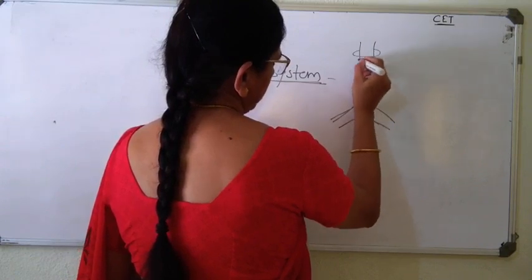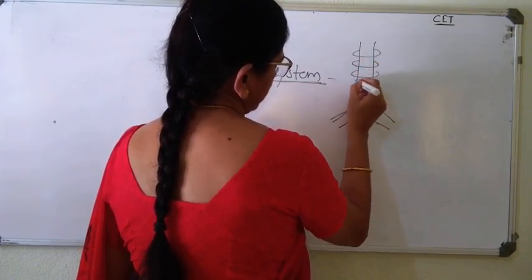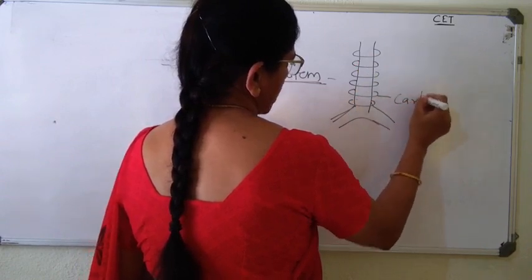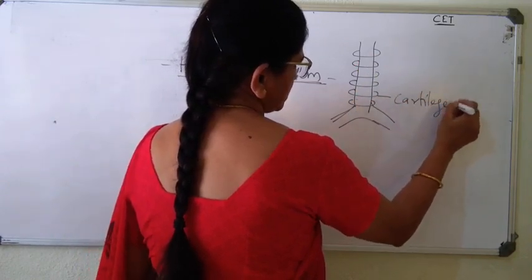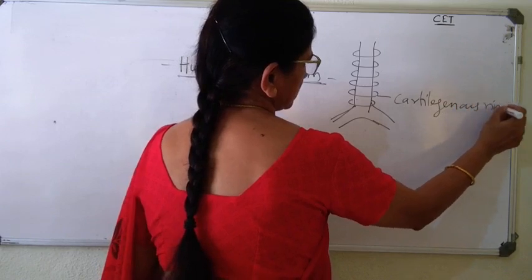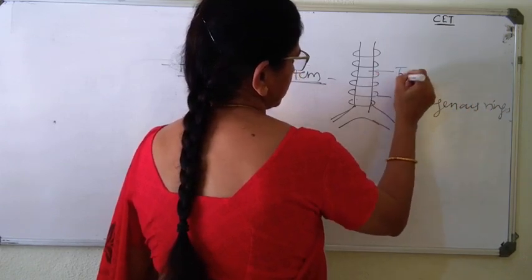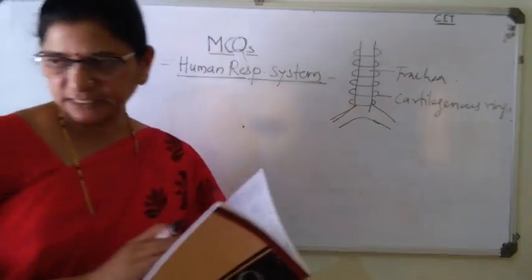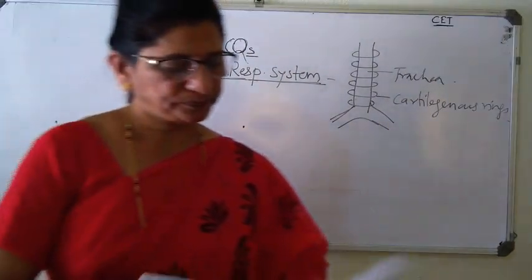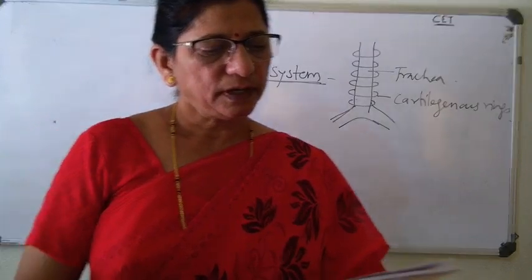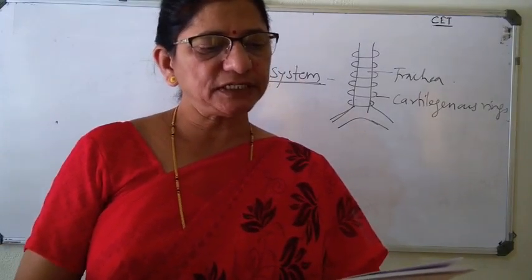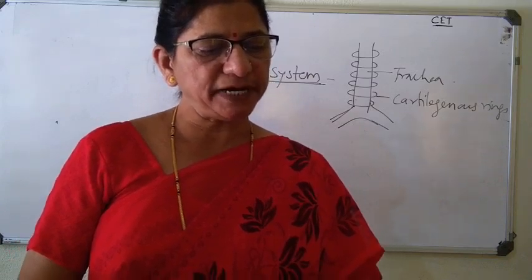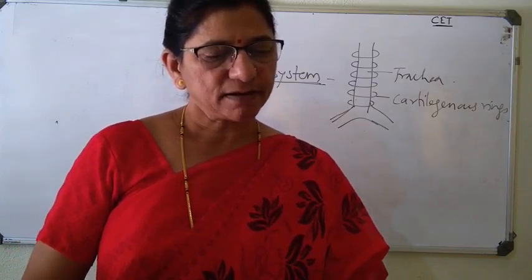It is surrounded by C-shaped cartilaginous rings. So this is the trachea, right? The correct answer is incomplete cartilaginous rings, C-shaped incomplete cartilaginous rings.